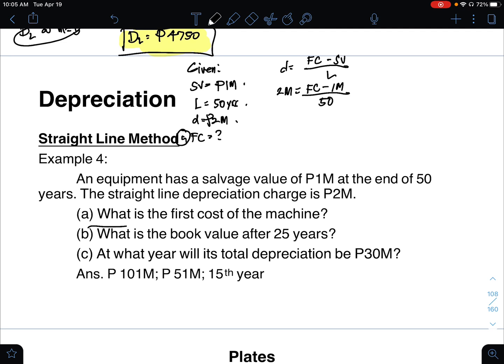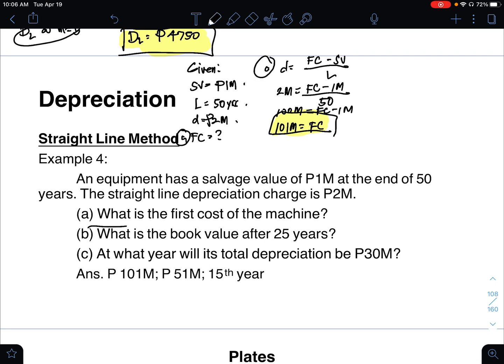So this is 100 million equals FC minus 1M. Transposing, we get 101 million as the first cost. Imagine, the first cost of the machine is 101 million, and after 50 years it depreciated to only 1 million pesos. So, that's for letter A.